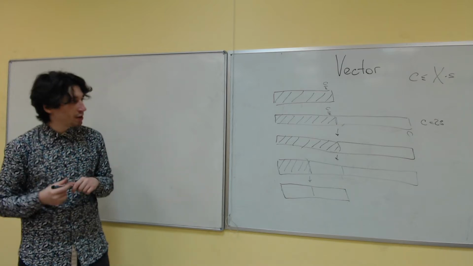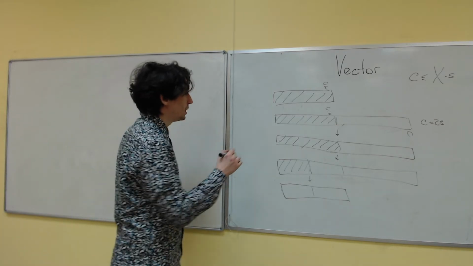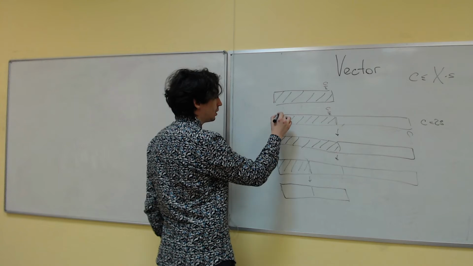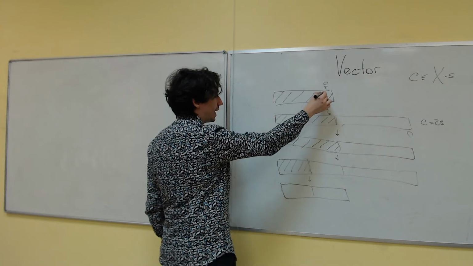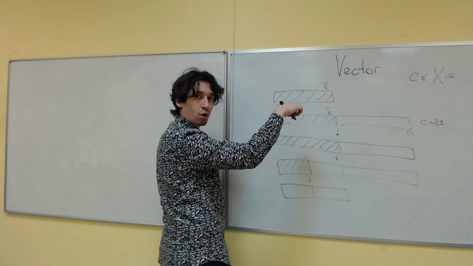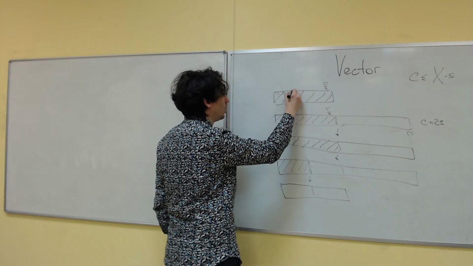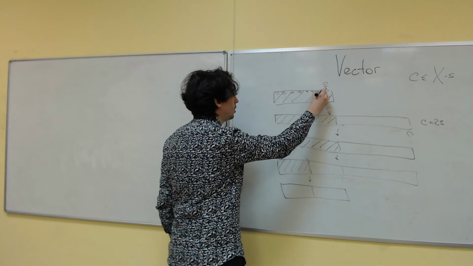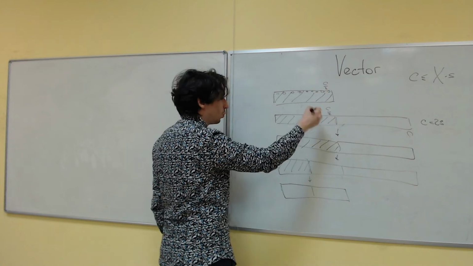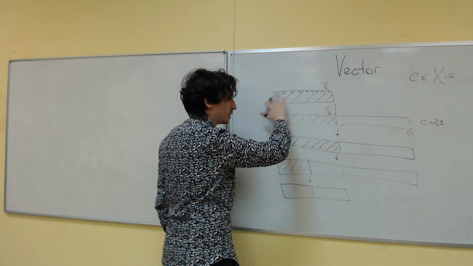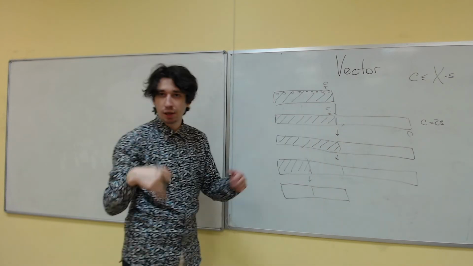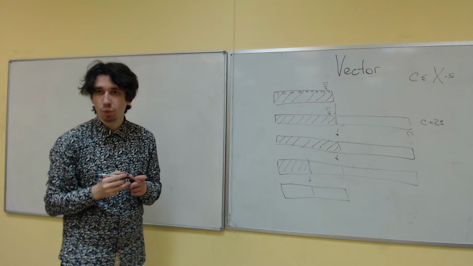Previously, what we did was, every time we add an element, we put a coin there. Then when we increase the size, we spend all the coins, and that is why it worked.